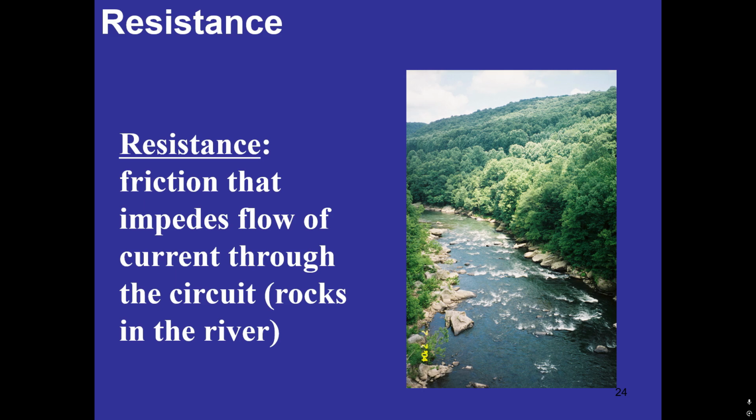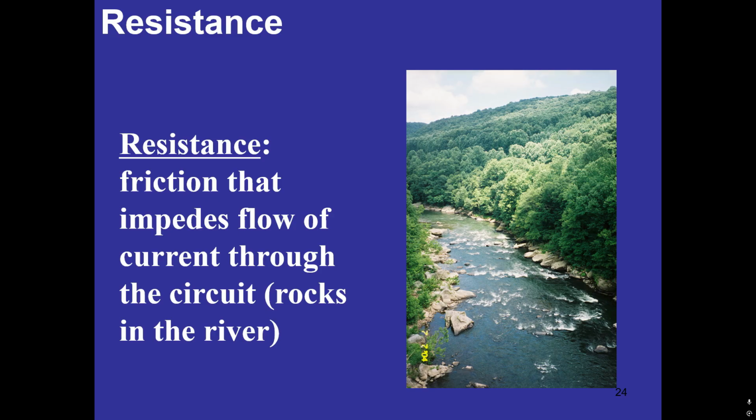Similarly, in the various parts of the electric circuit, there is a friction that impedes or slows down the flow of current through the circuit. So this quantity is called resistance.